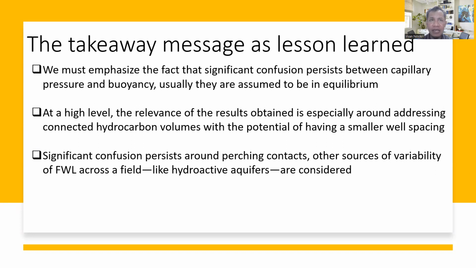The second takeaway: the results show a significant implication for addressing the connectivity of hydrocarbon volume, in particular in relation to optimizing well spacing. By identifying and understanding perched contacts and their control mechanisms, we can preserve hydrocarbon connectivity and potentially extract valuable information about barrier height based on the rock properties.